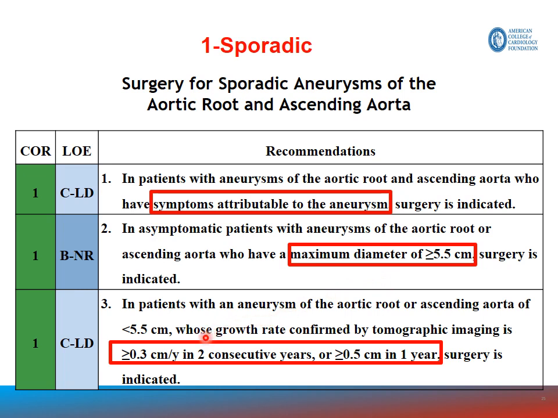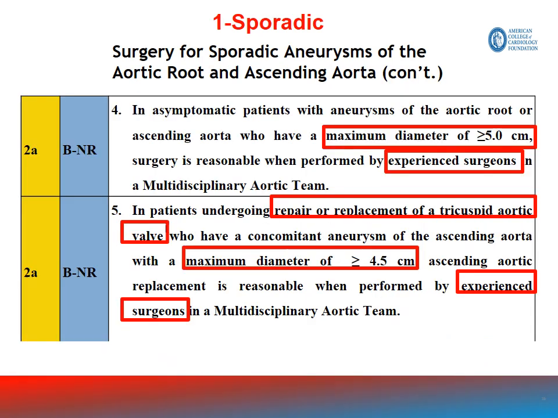The third indication is rapid rate of growth. If the rate of growth is 0.3 centimeter or more per year in 2 consecutive years, or 0.5 centimeter or more in 1 year, surgery is indicated.